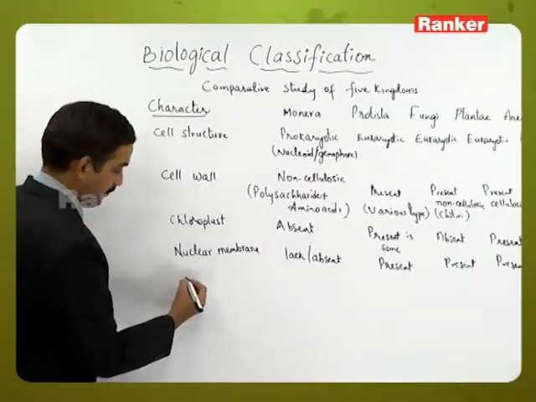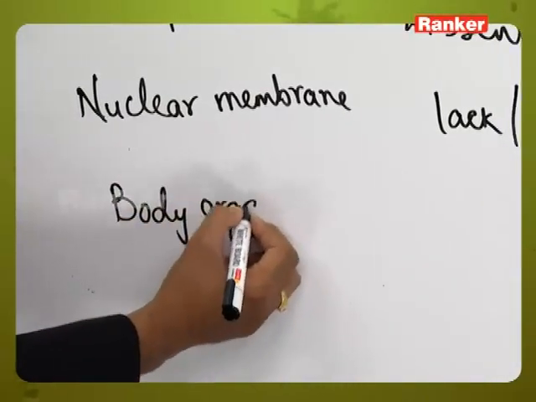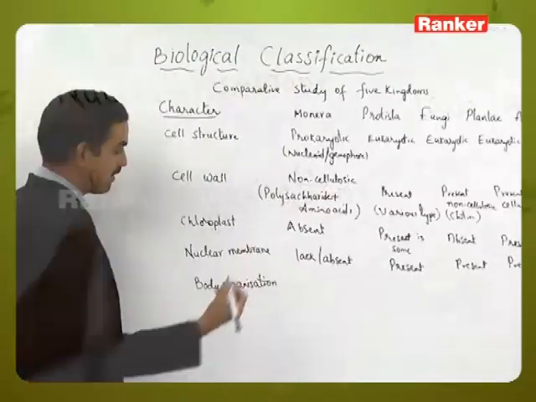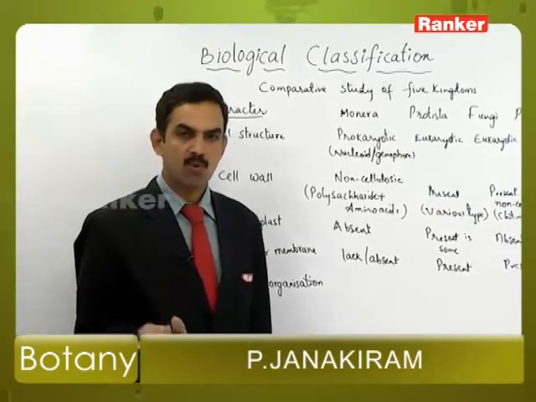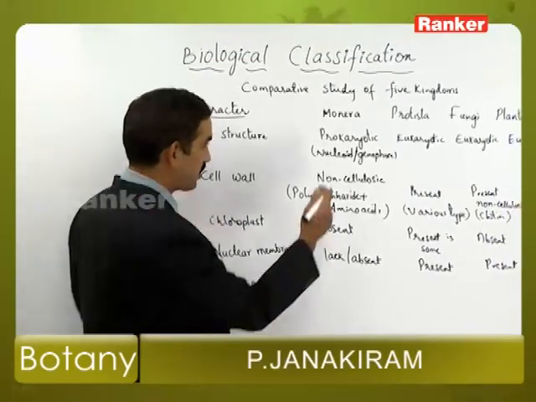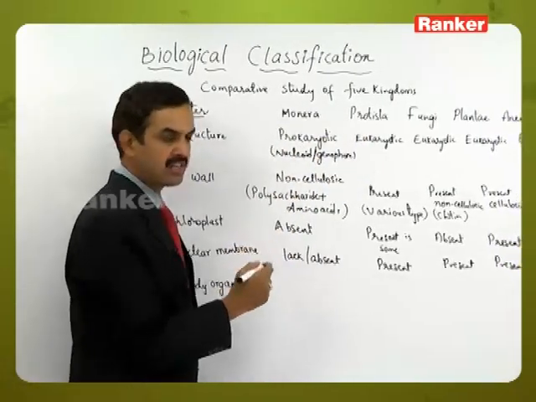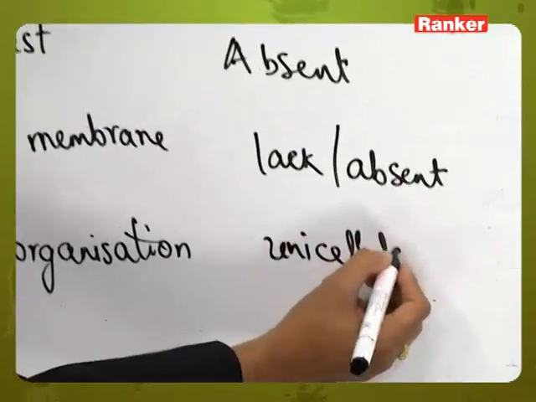Then body organization. Body organization includes whether they are made up of one cell or more than one cell. Based on that, already we said that Monera and Protista include unicellular organisms.